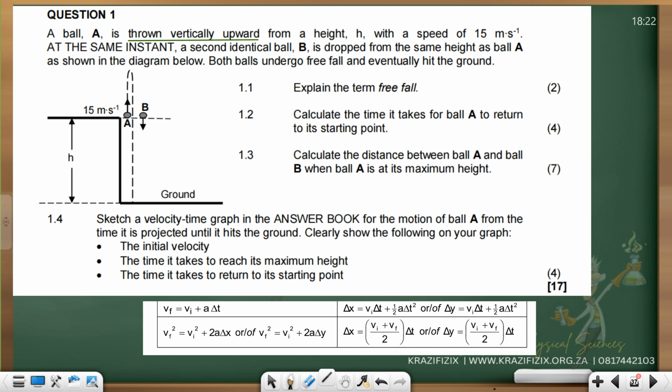Definitions. Free fall, a ball that is falling freely. Some people are smiling and giving me eyes here. I don't understand. It's not me that said you should define. It's the question. Free fall. What can't you remember?